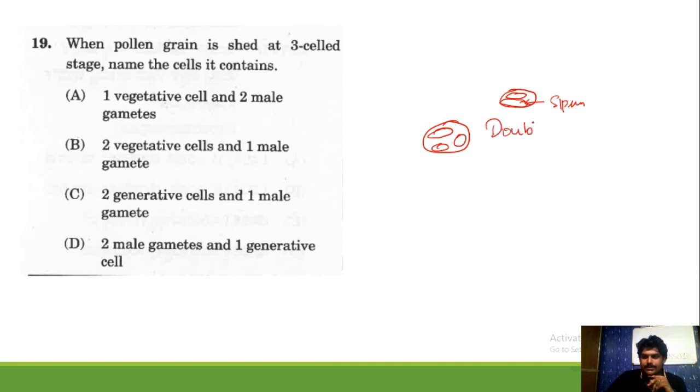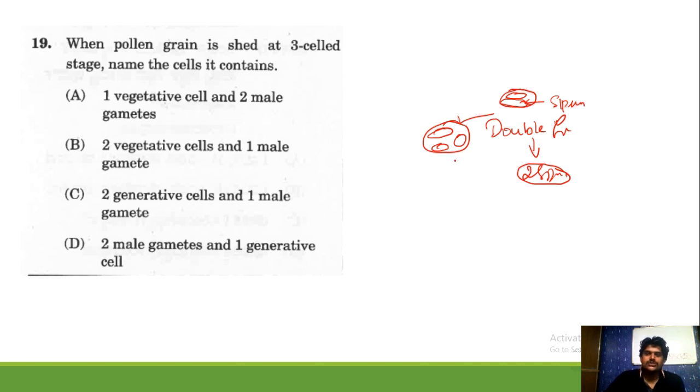If you remember double fertilization, the 3-celled stage of the pollen grain is needed for this particular process, where two sperms are going to fuse with the female gametophyte, right? So that means two sperms will be there in the three-celled pollen grain.